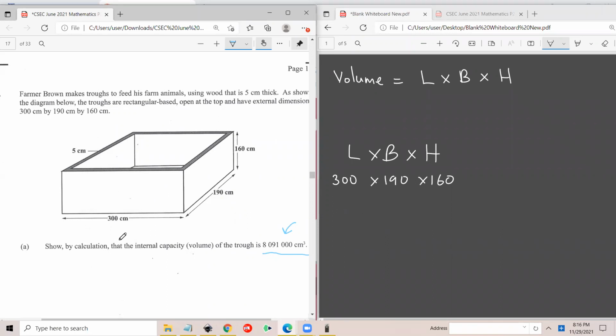Question: if the wall is 5 centimeters thick, remember, it will be 5 centimeters thick on this side. Pretend you could see through the object, and 5 centimeters here. So what would be the length from here to here inside the object?